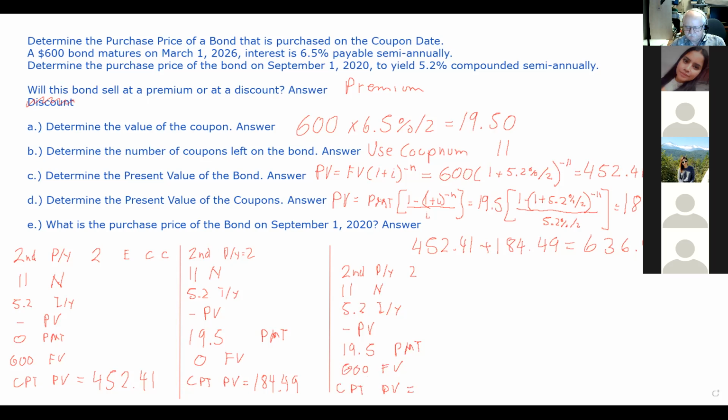So second, PY 2, enter, down, 11 into N, 5.2 into IY, 19.5 into payment, 600 into future value, compute present value, and we do indeed get 636.8990.